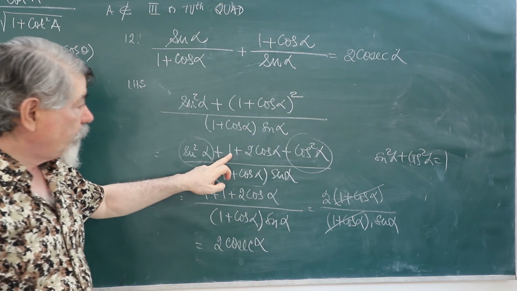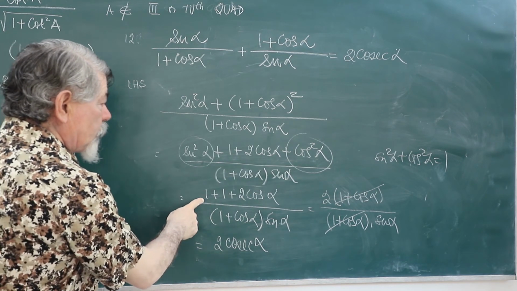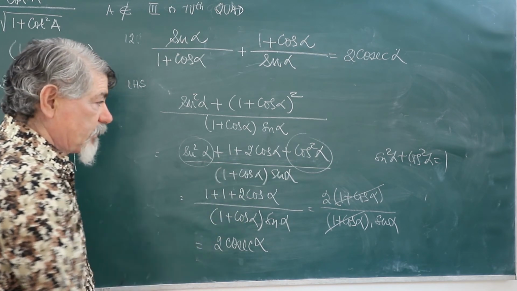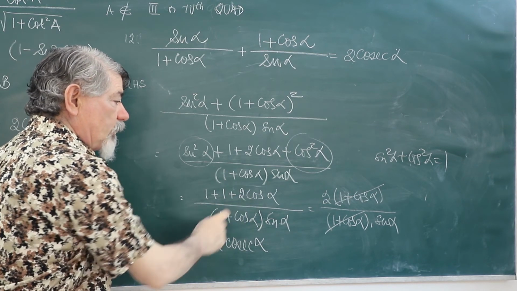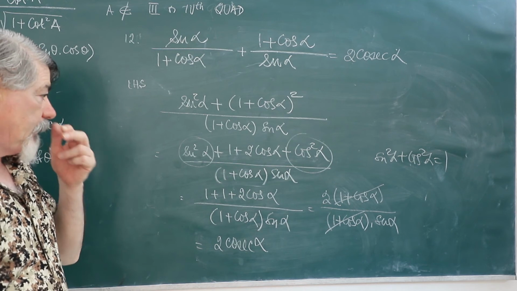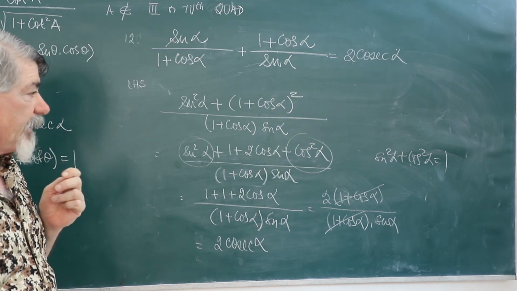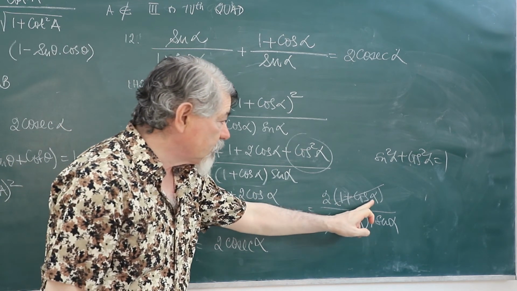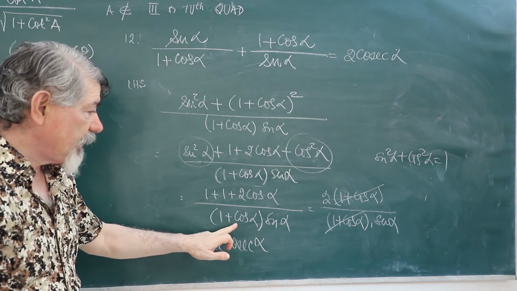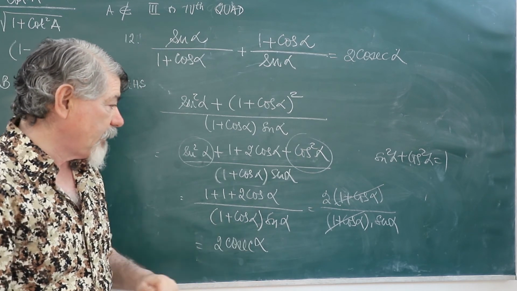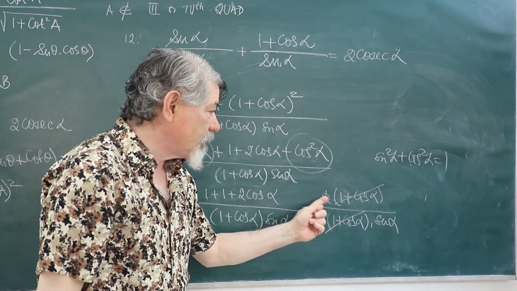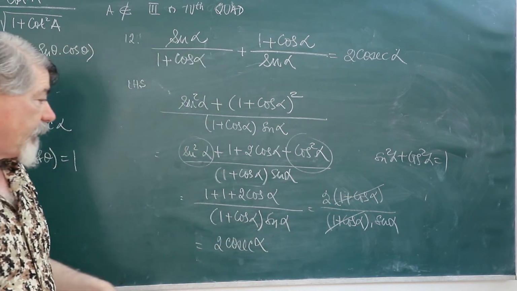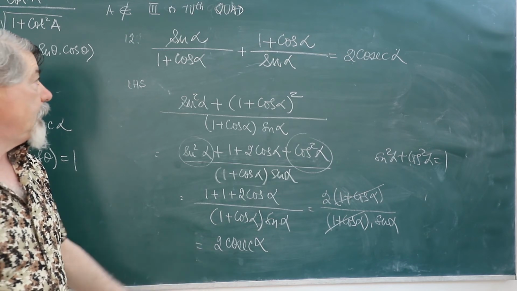Already I have 1 plus 2 cos alpha. So 1 plus 1 plus 2 cos alpha. 1 plus 1 will become 2, and 2 plus 2 cos alpha. So I can take 2 common. In the numerator I will be left with 1 plus cos alpha. In the denominator I have 1 plus cos alpha into sin alpha. 1 plus cos alpha, 1 plus cos alpha will cancel. It will become 2 upon sin alpha, which is 2 cosec alpha.